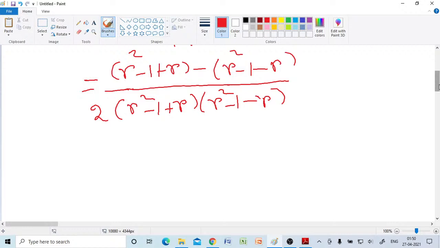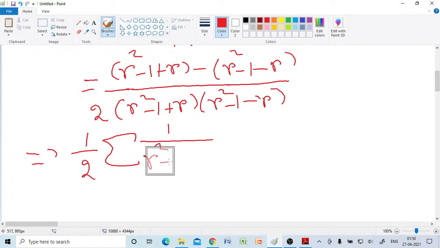So if we apply summation on this, what we will have is half times summation of 1 over r square minus 1 minus r, minus 1 over r square minus 1 plus r.